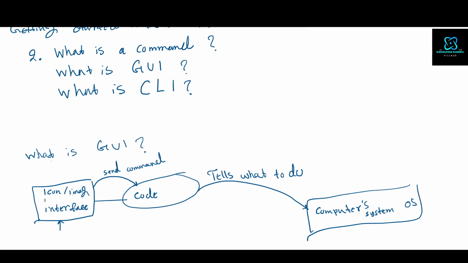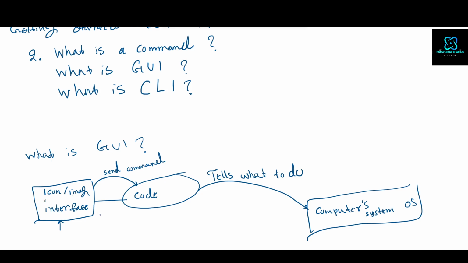When you want to tell your computer to do something, you click on that, and if everything goes well without any error, then your computer does that thing. For example, if you want to create a folder, you right click, click New, and then the folder icon, and your computer creates that folder.